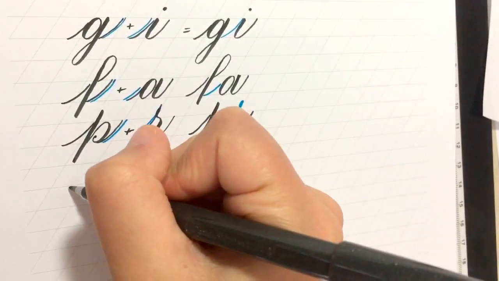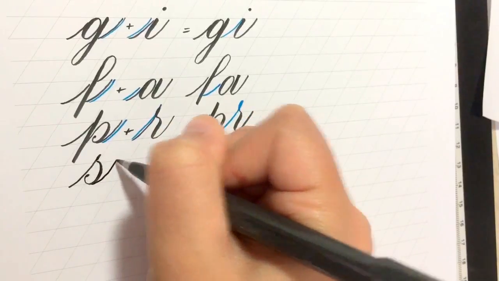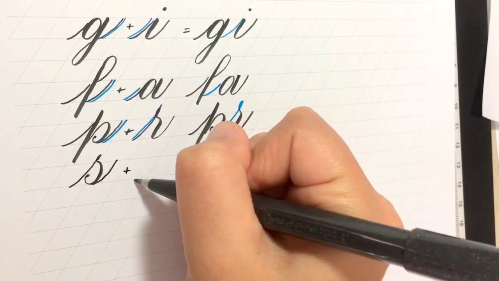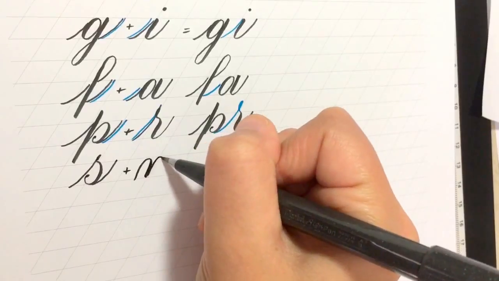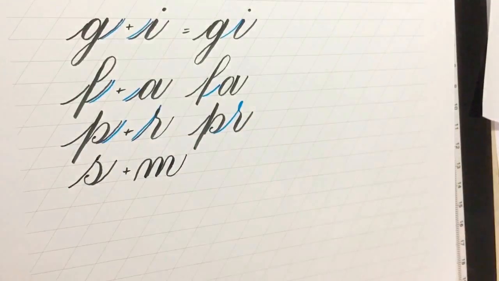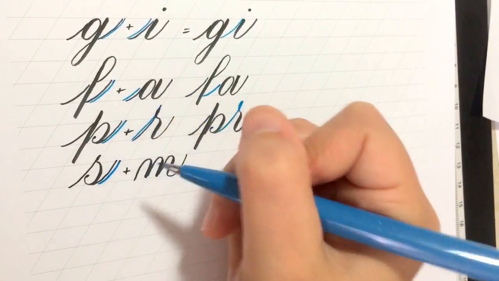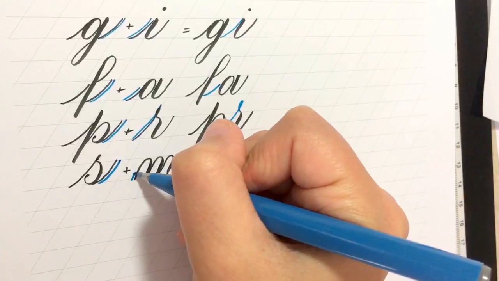Okay, so we're going to do the letter S, the normal exit stroke, and then the letter M starts with an overturn. All right, so here we're only curving upward, and on the M we're curving the opposite way.